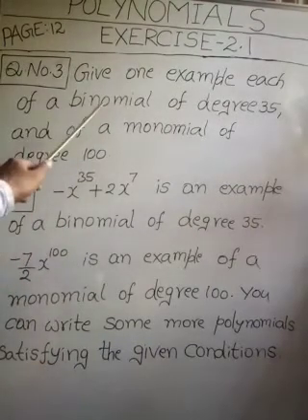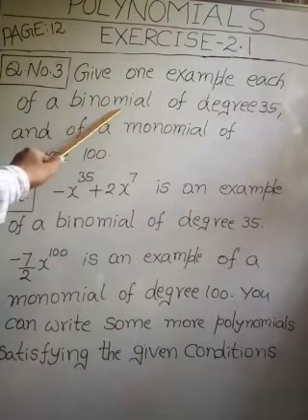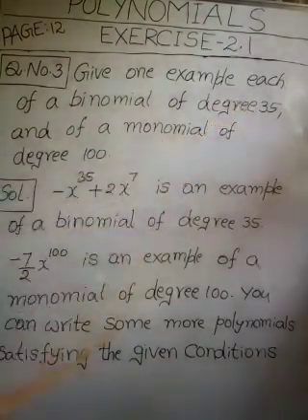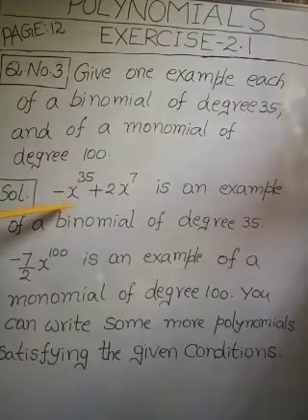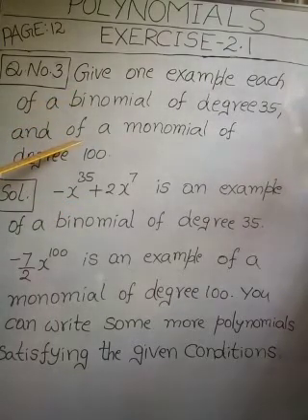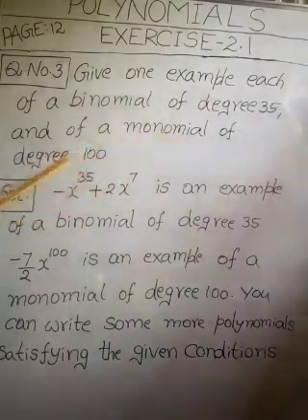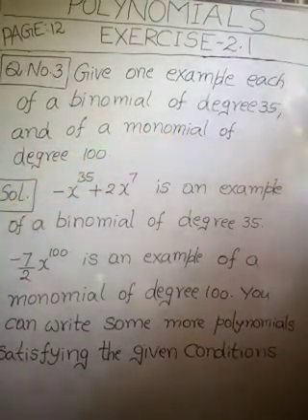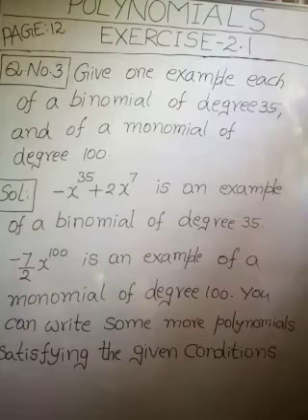Here we have to write a binomial of degree 35. This is the first part of the question, and another one is we have to write a monomial of degree 100.